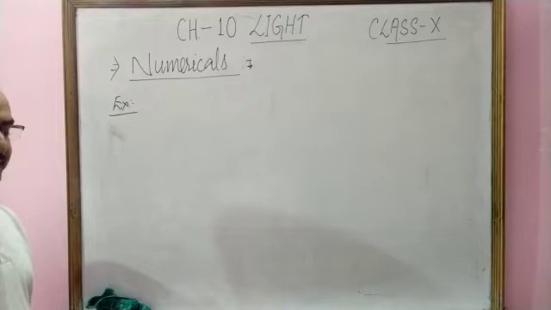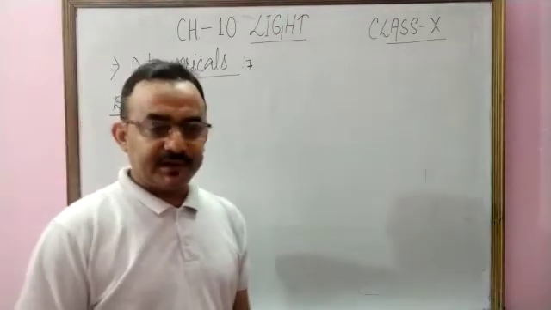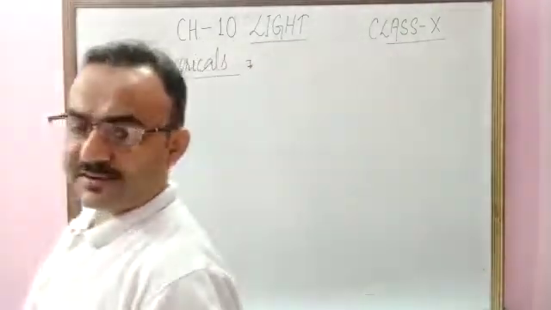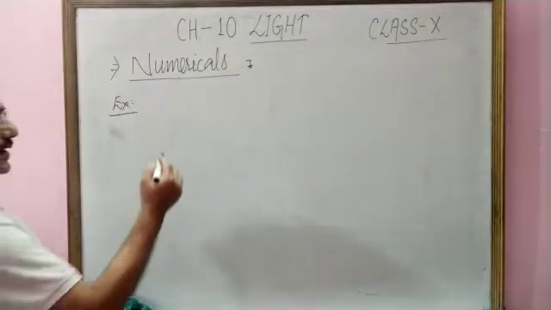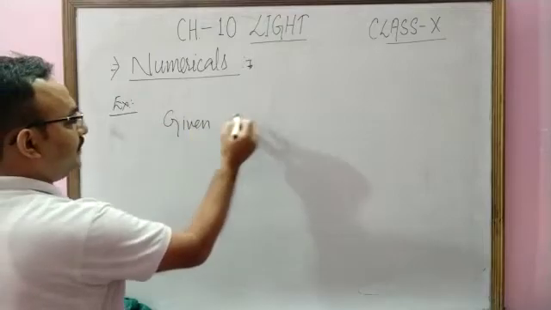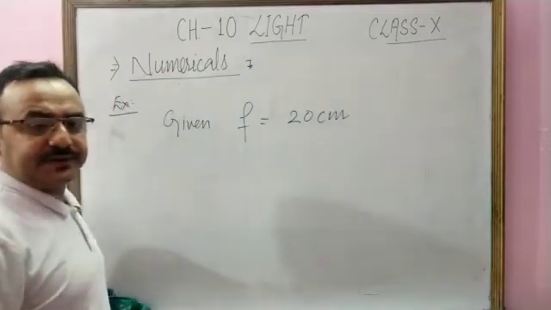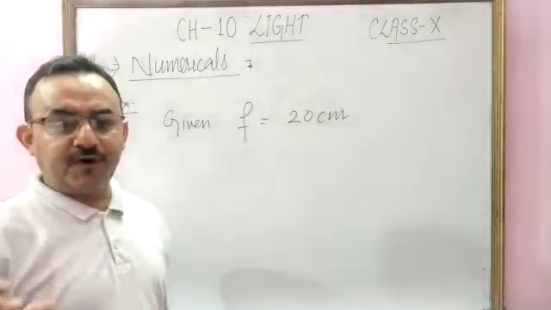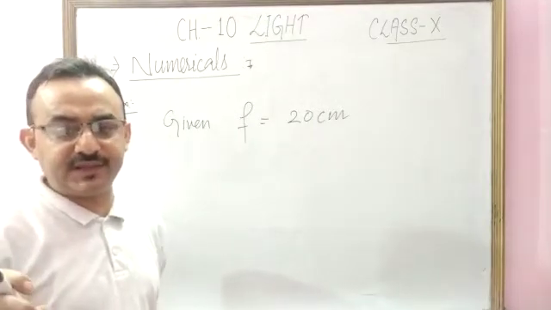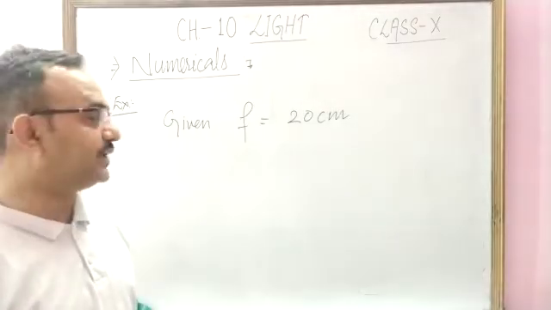Suppose that here you have to write an example. A concave mirror of focal length 20 centimeter forms a real image at a distance of 40 centimeter.